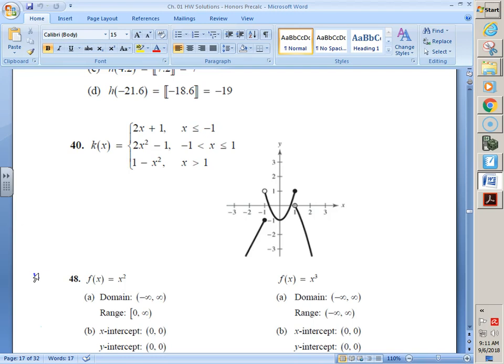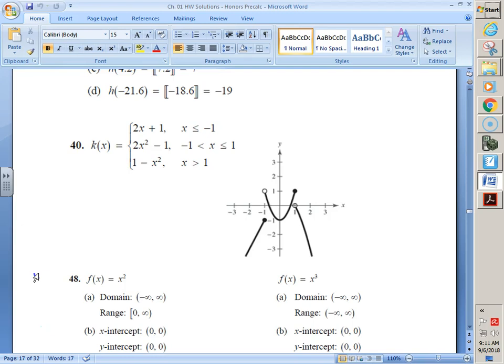You guys checking out the piecewise functions, trying to find it? We're trying to review how you could have done it on your calculator. Thanks, Gavin.